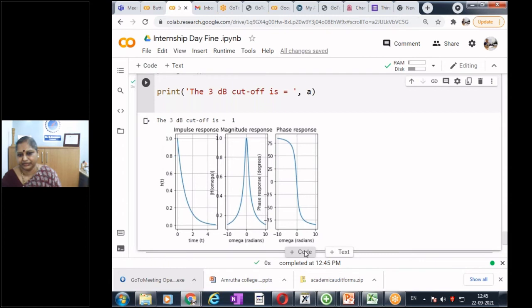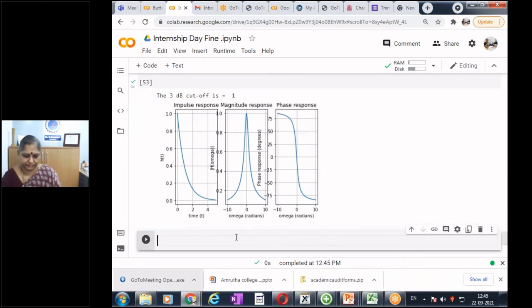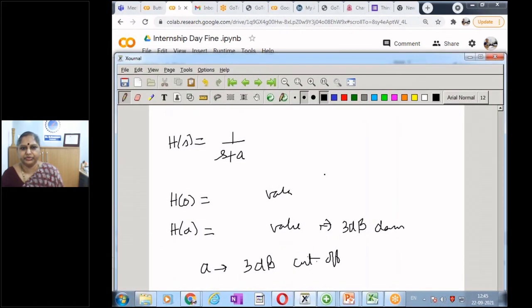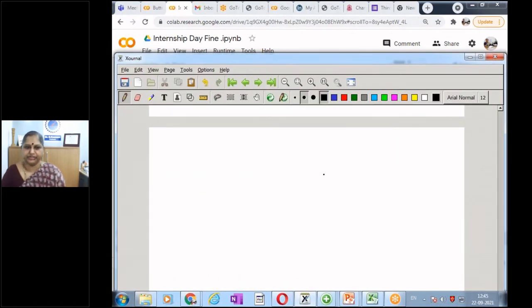Now let us compute H of omega at some value. We have seen how to plot the magnitude and the phase response, and H of omega is given by 1 by (a plus j omega).